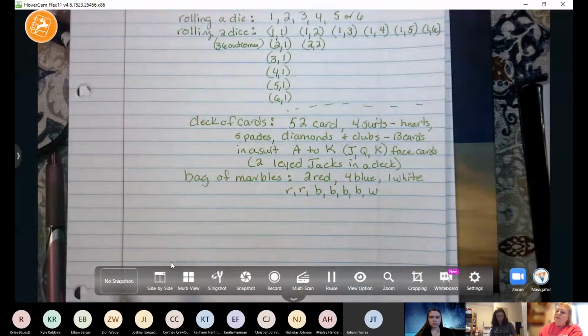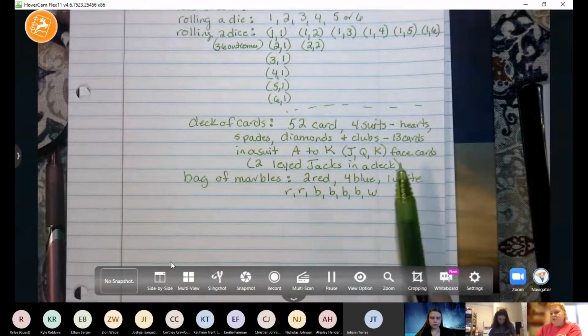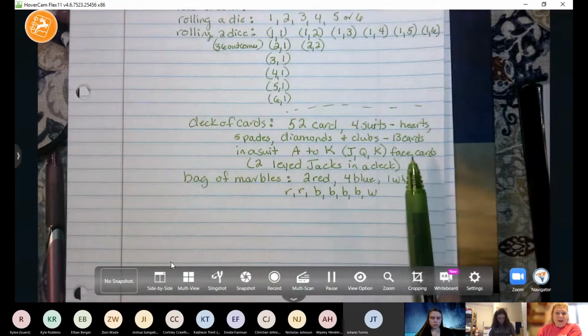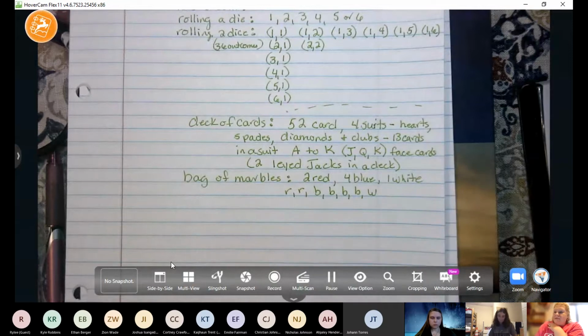So these are just some examples of different situations that you typically encounter with probability questions. I wanted to be sure you are familiar with determining the sample space for those situations.